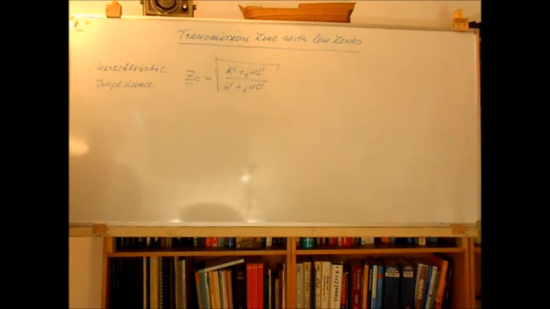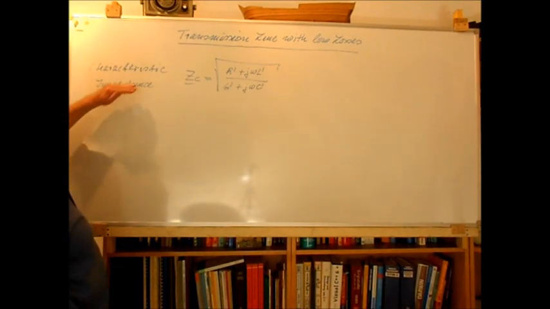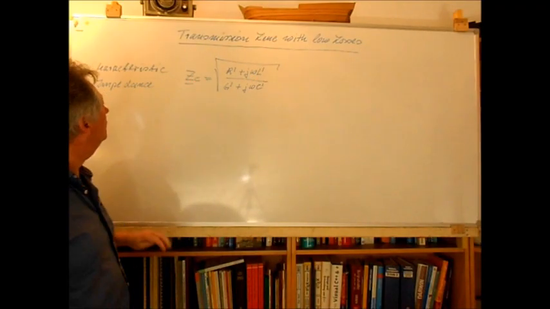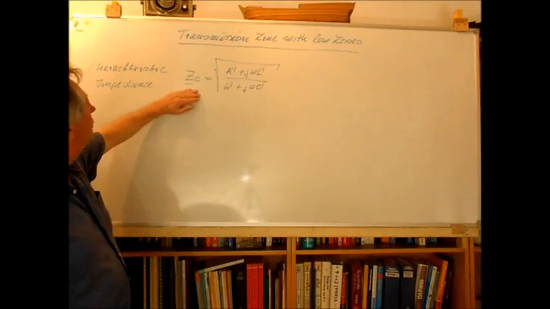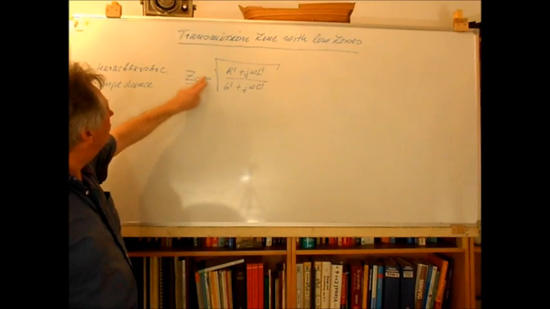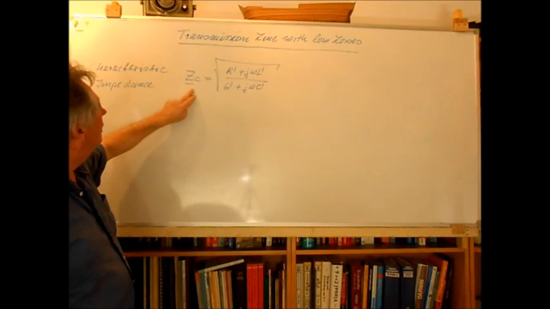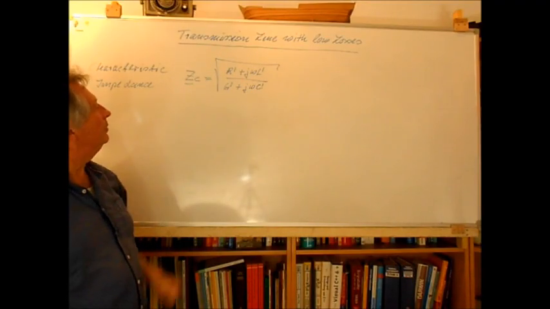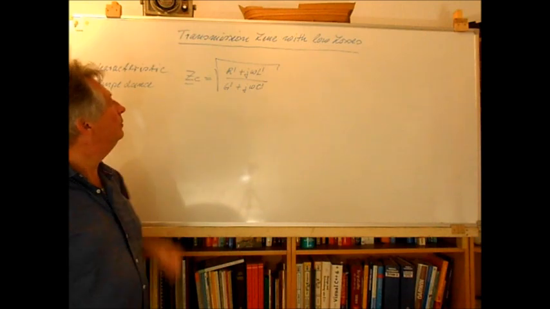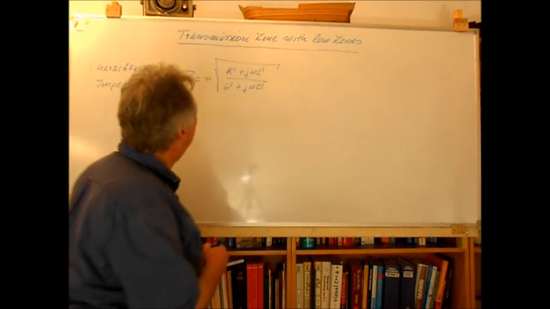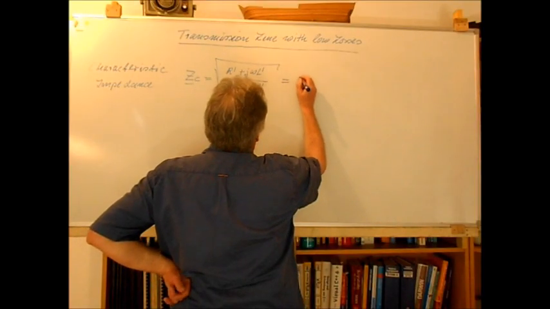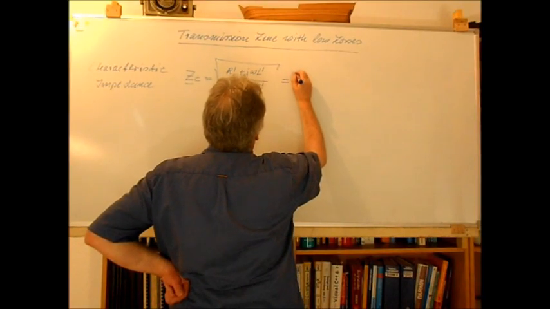In the last step, I want to discuss the characteristic impedance of a transmission line with low losses. In the first step, we saw that the characteristic impedance of a transmission line is a complex value depending on R prime and C prime. But at this point we didn't use our approximation, so in the next step we will reuse this approximation.